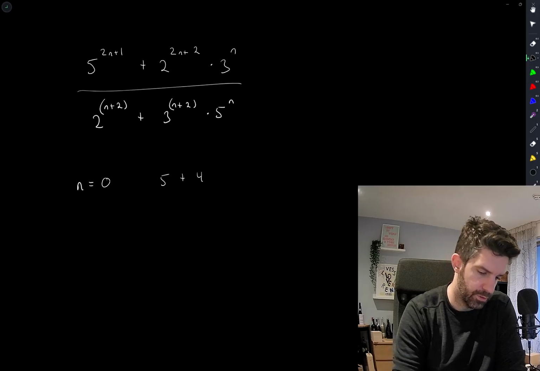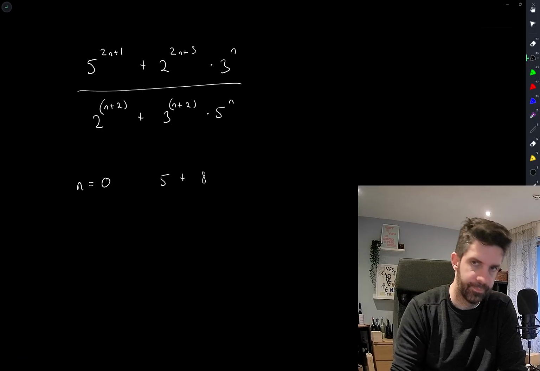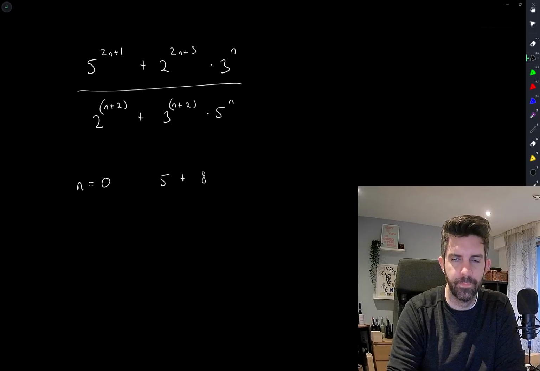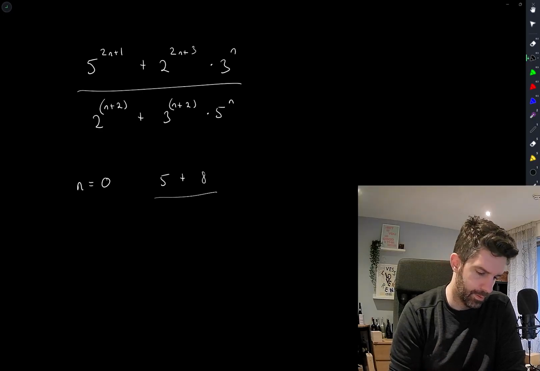Oh, no, that should be a 3. So it's 5 plus 8. And here we have 4 plus 9, and that's 13 over 13.